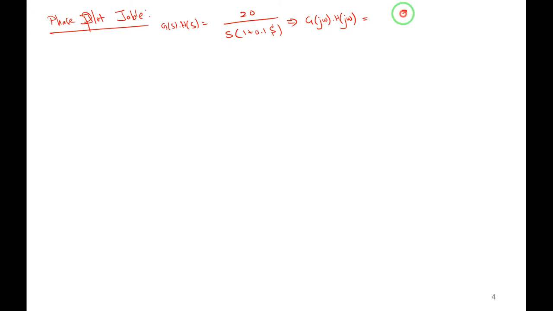That is equal to 20 divided by j omega into 1 plus 0.1 j omega. Next, I want the phase angle phi, so phase is equal to phi, that is the angle of G of j omega into H of j omega, taking the angle on both sides.